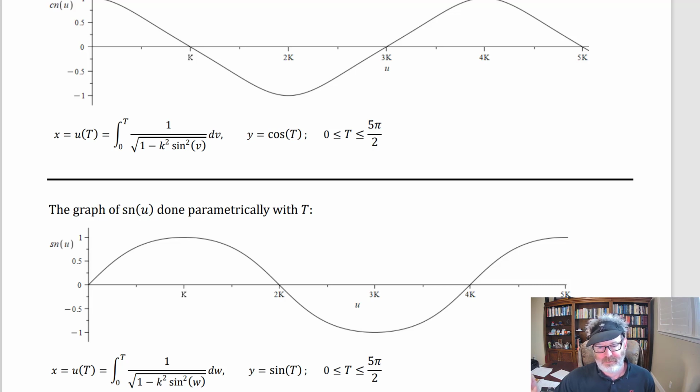So I'll look into that and compare the two. They have different integrands, so I'll have to resolve that problem. And then we'll also look at differential equations that the Jacobi elliptic functions solve, and in particular solving the pendulum differential equation. Might do that a couple different ways.